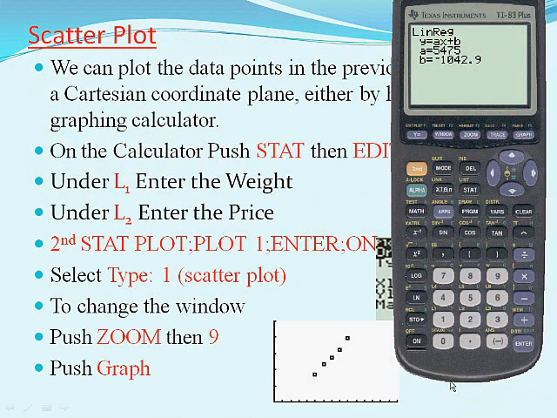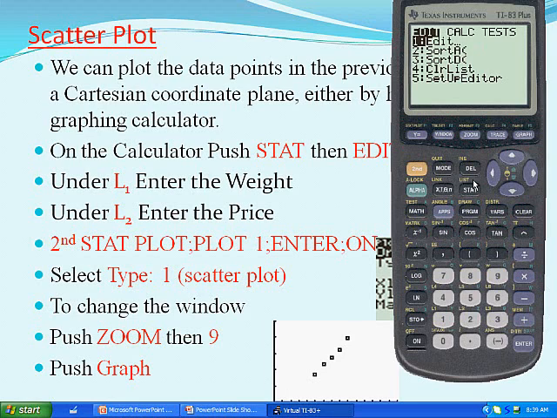Now we are going to plot these data points to get the scatter plot. Once we have the data entered, which is already here, we can go to second y equal to, which is the stat plot, pick one of the stat plots and switch it on.